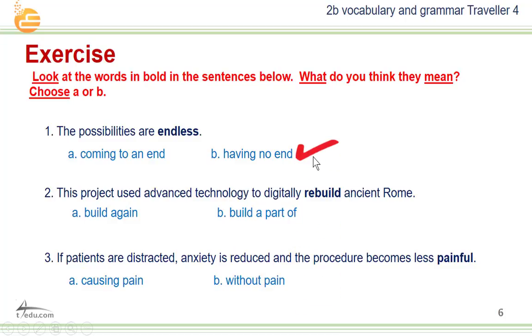Having no end. Excellent. Number 2. This project used advanced technology to digitally rebuild ancient Rome. Rebuild. What does the word rebuild mean? Is it build again or build a part of? Build again. Excellent.